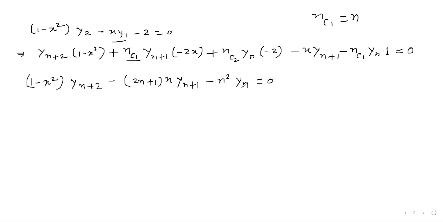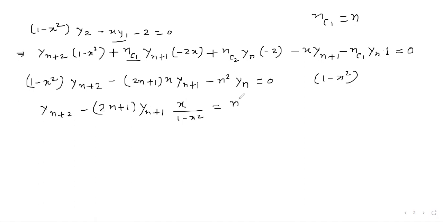Now we can divide each term by 1 minus x square. So this will become y(n plus 2) minus (2n plus 1) y(n plus 1) x divided by (1 minus x square) equal to, if we write this to the other side, n square yn divided by (1 minus x square).